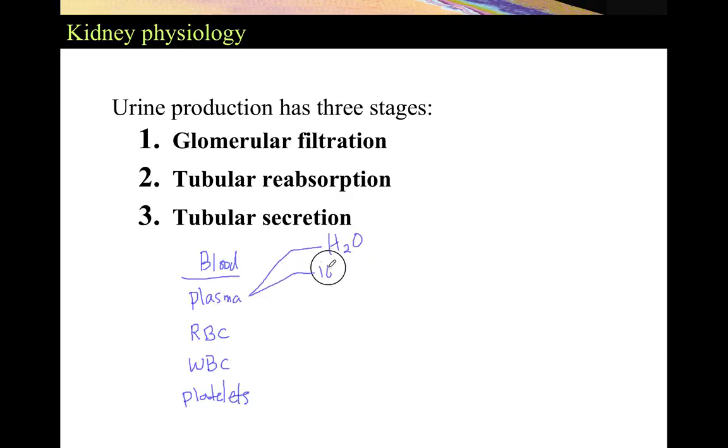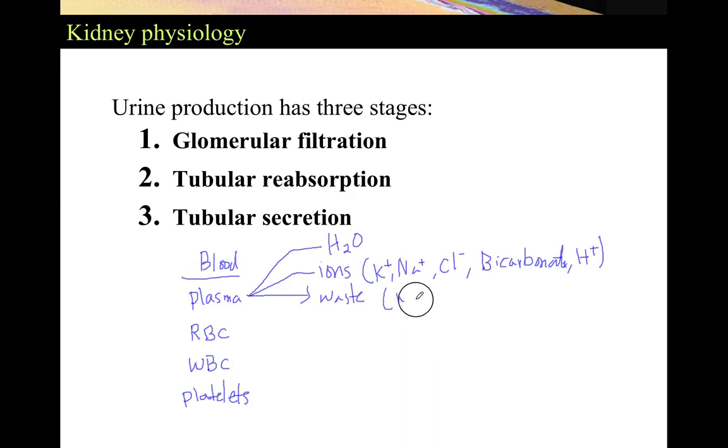We had ions, which include sodium, potassium, chloride, bicarbonate, and hydrogen ions. We have the waste products, which in this case we're talking about urea, uric acid, and creatinine. We have glucose, which is basically the molecule needed for your energy.